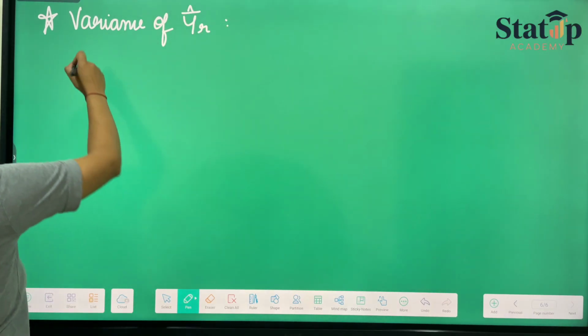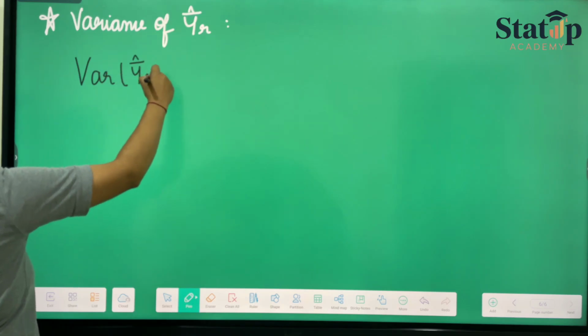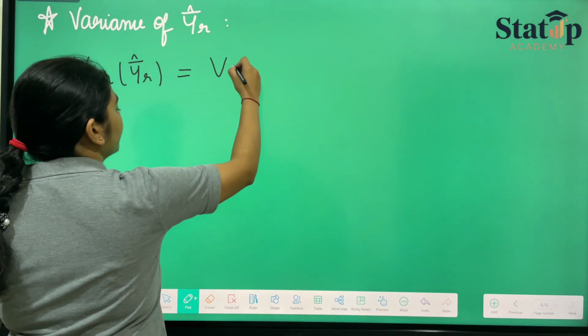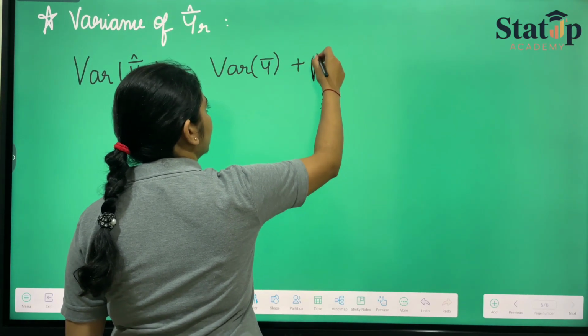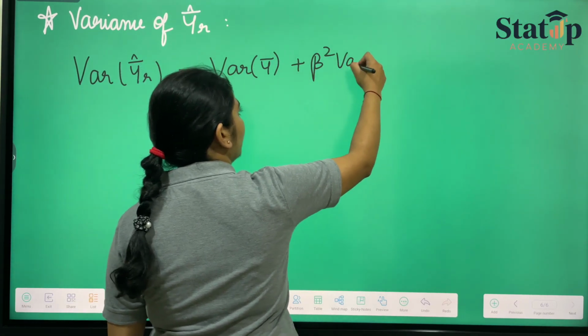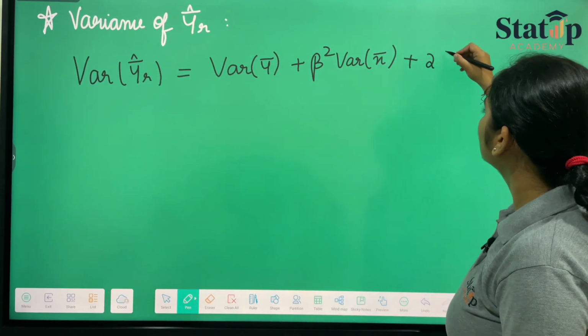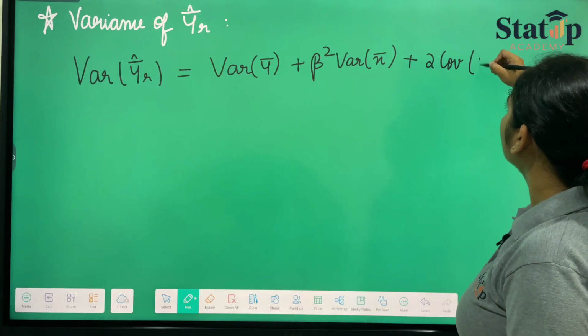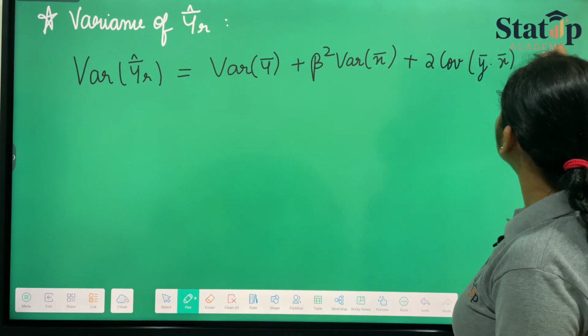variance of the regression estimator, variance of y bar lr, is equal to variance of y bar plus beta square variance of x bar plus 2 covariance of y bar and x bar into beta.